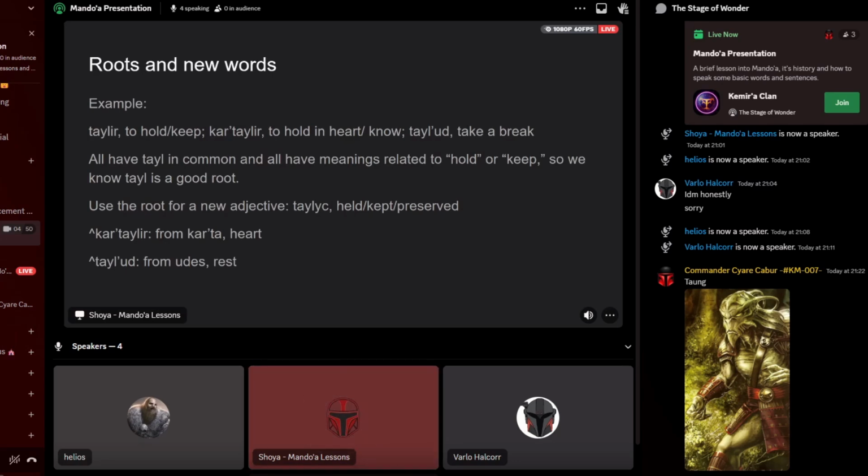The difference is that kartailir has the verb ending, the I R ending, or rather just the vowel R. It doesn't have to be I. Because it has a verb ending, you can see that it's an infinitive, so you can use it as the verb to know. But tailud doesn't have the verb ending because it's been cut off by the compound.